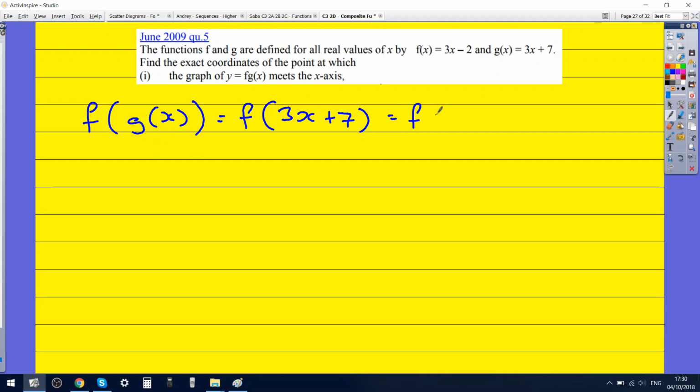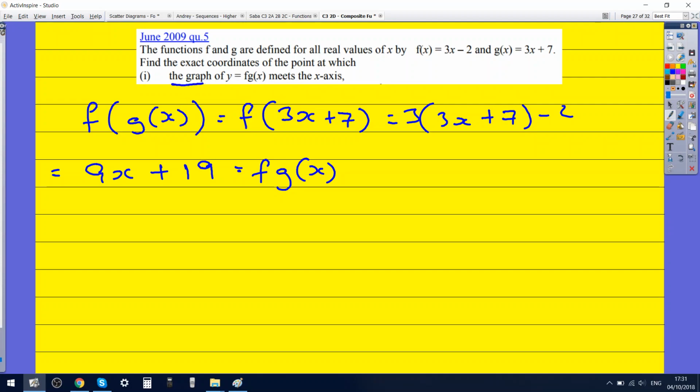Let's find out. We get 9x plus 21 minus 2. We get 9x plus 19. Yep. And then we just find out x. Well, that is the f of g of x.